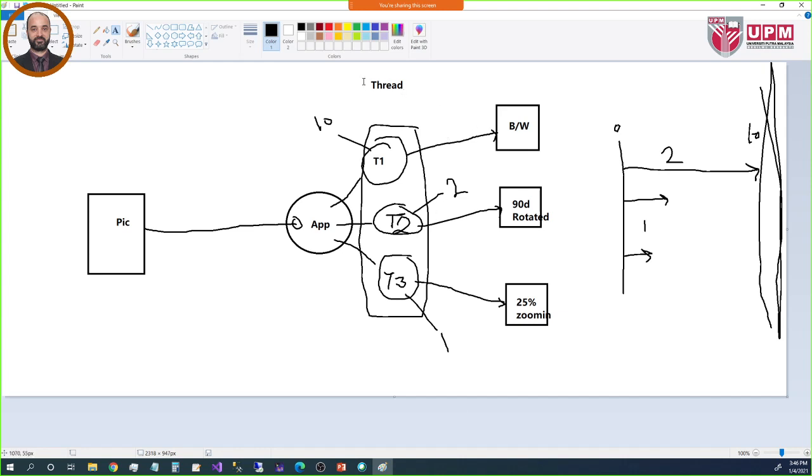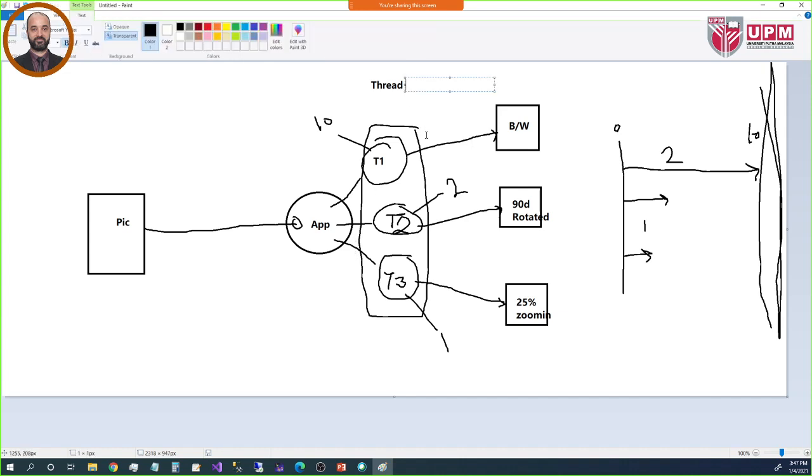Otherwise, if we used one thread, then the entire application will work in one thread sequentially. It cannot work as parallel or concurrent tasks.